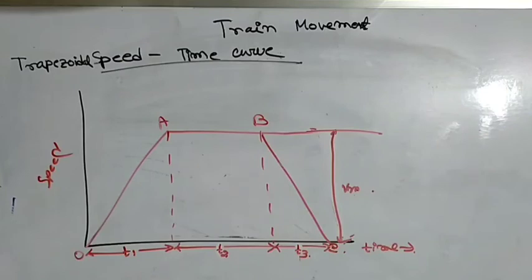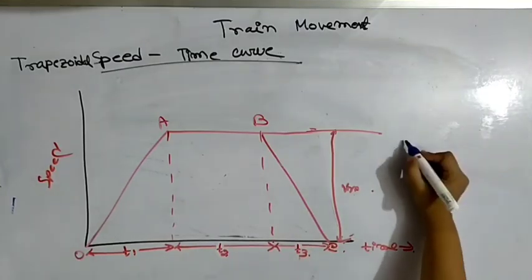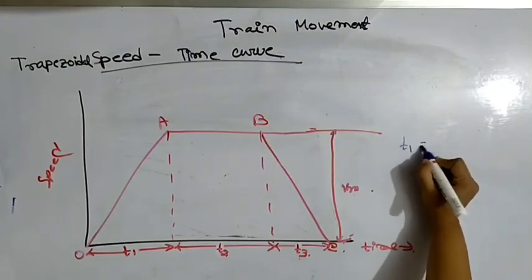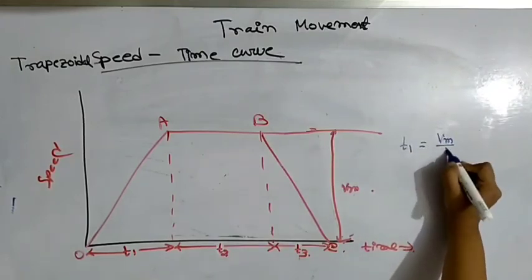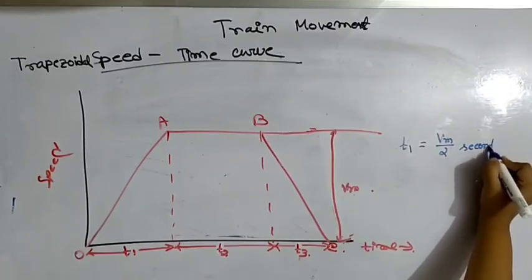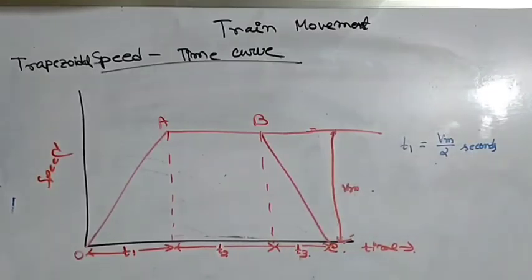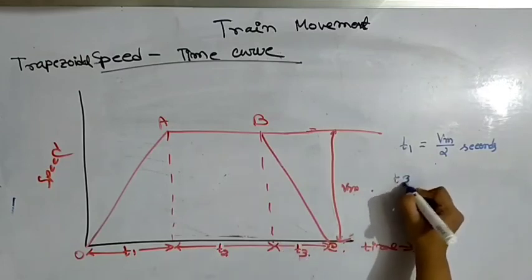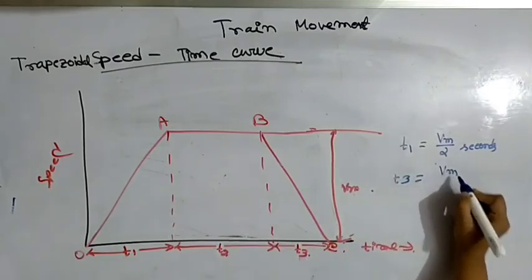So the time of acceleration, that is T1, is equal to Vm by alpha seconds. Now alpha is the acceleration in kilometer per hour per second, and Vm is the maximum speed in kilometer per hour, and the time of retardation, that is T3, is given by Vm by beta.